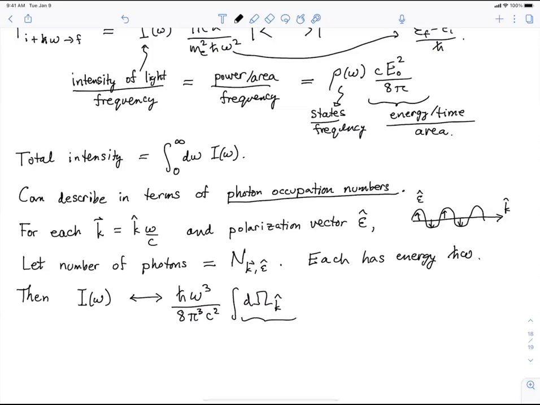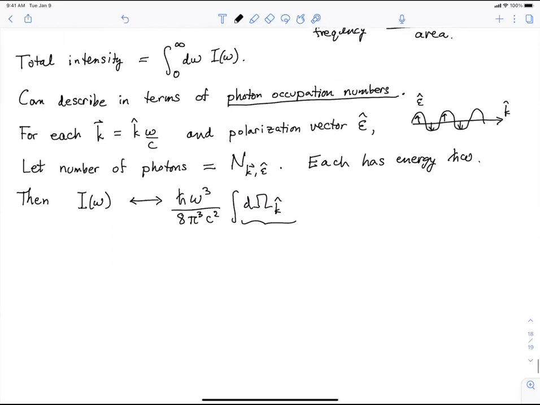Okay, a reminder, whenever I write d omega, that's really integrate over the angle, but now the angles I'm integrating over are the angles that the photon could be moving in, like so. And then I need to sum over all the possible polarizations, which are perpendicular to k hat. And then what I'm summing over is the photon occupation number.